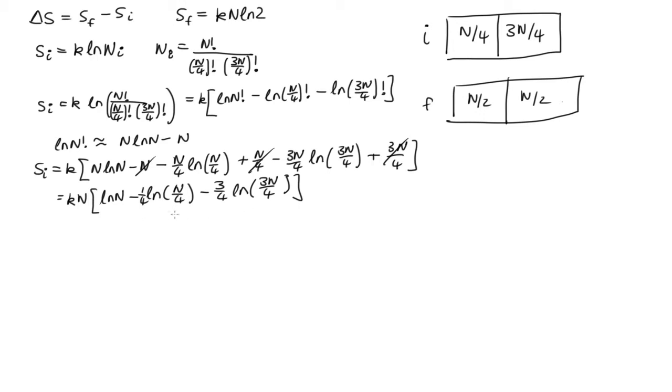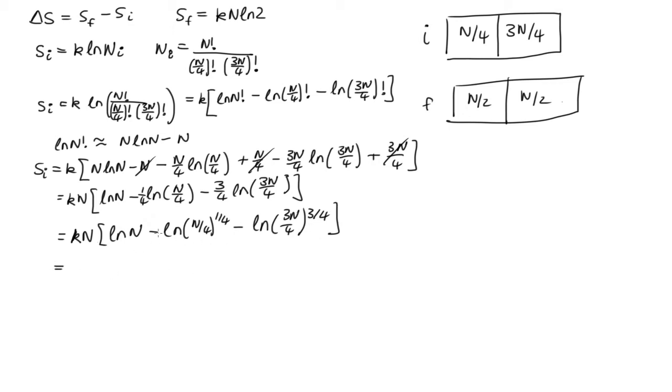Okay, so now we want to put our logs back together. We'll start by getting rid of these factors out the front. We can do that by raising these things to the power. So this is equal to kn times log n minus log of n/4 to the power of 1/4 minus log of 3n/4 to the power of 3/4.